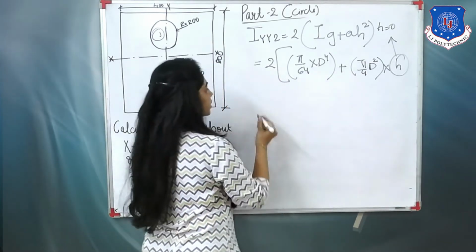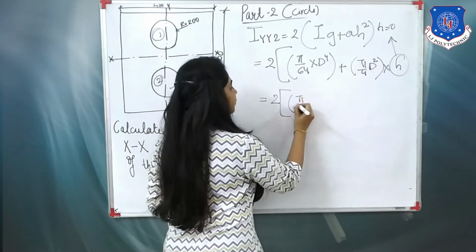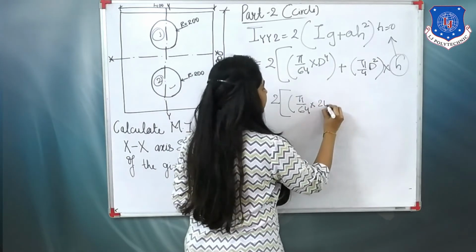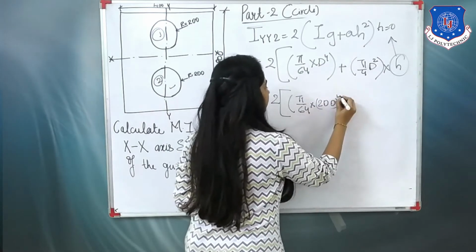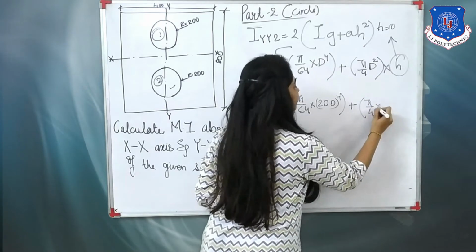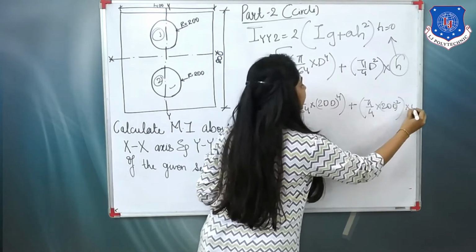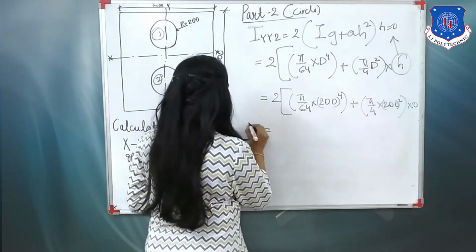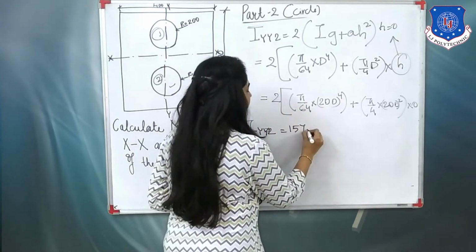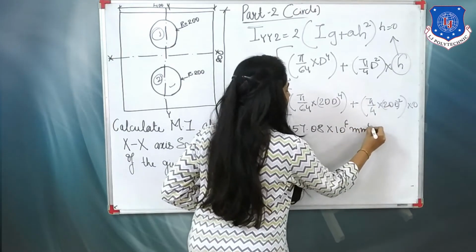So here h equals 0, and substituting the values, pi by 64 into d, d is 200, raised to 4, plus pi by 4 into 200 square into 0. So finally I get the answer for Iyy2 as 157.08 into 10 raised to 6 mm raised to 4.